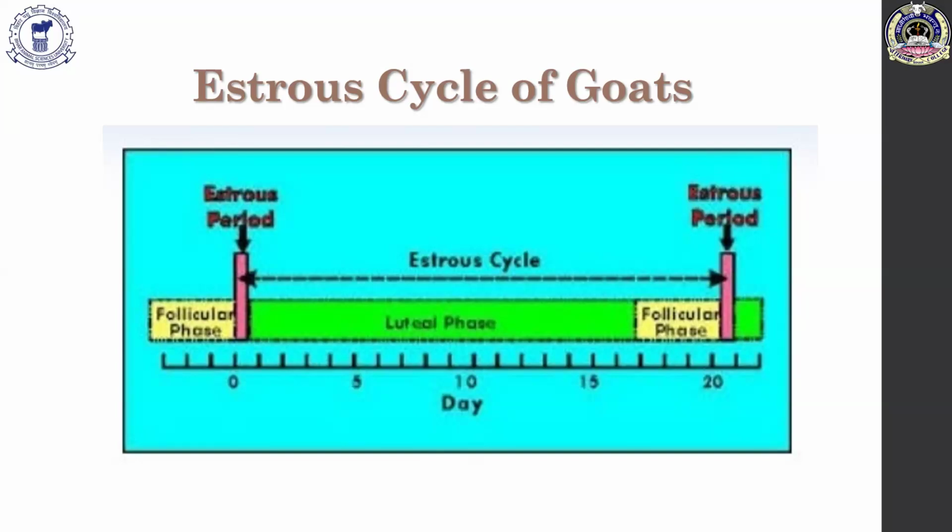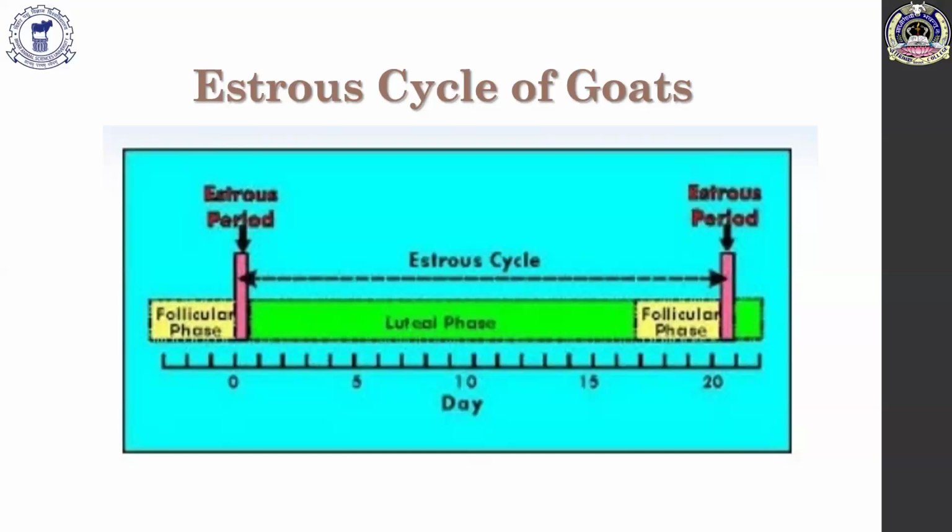The Graafian follicle will release the ova when the estrogen level is high. The ova is released into the tract, that is the fallopian tube, and the animal is very much interested in mating. So at this time the animal will show certain signs of estrus.